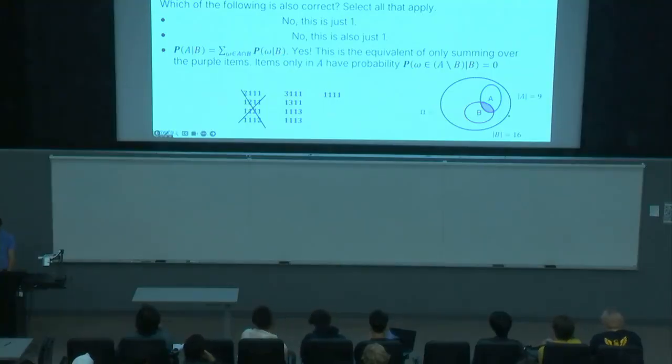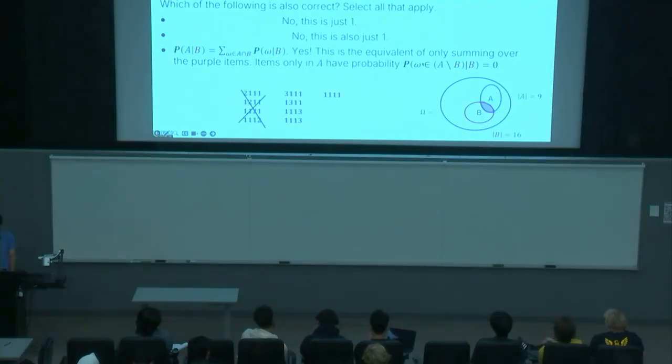And in that case, this expression here, we can also write it as summing only over this intersection here. So we could sum over A, that's fine, or we could sum over the intersection, and both are fine. The reason it works whether you sum over all of A or only over the purple region is that all of these points here have probability 0.